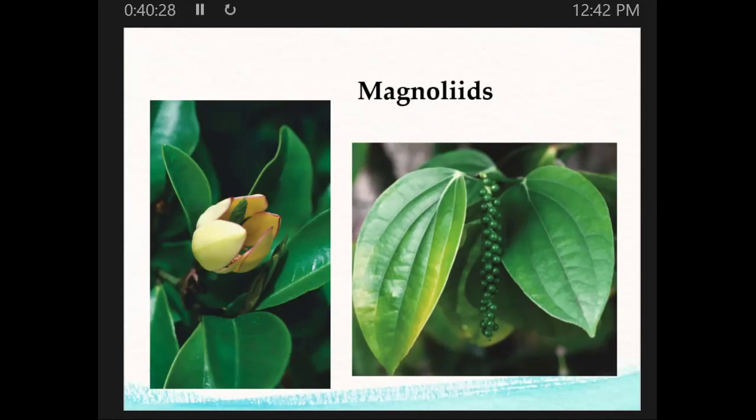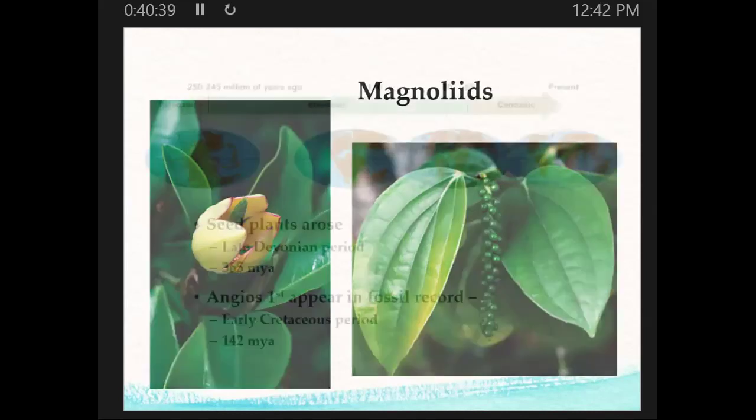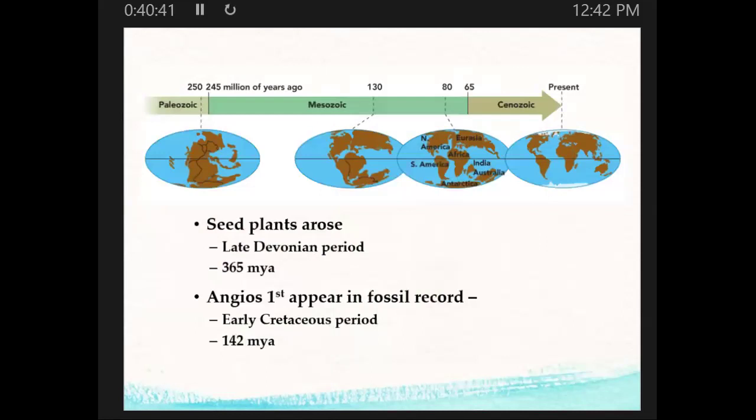So when you're looking at these ideas, especially zooming in on the flower and flower design, you're looking at what's more primitive, what's more advanced. And then here, just looking at the evolutionary timeline, we're looking at the Devonian period when the seed plants appear.